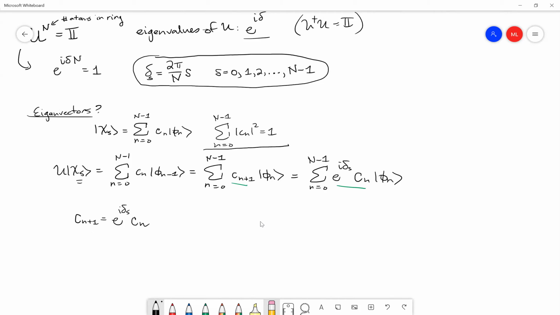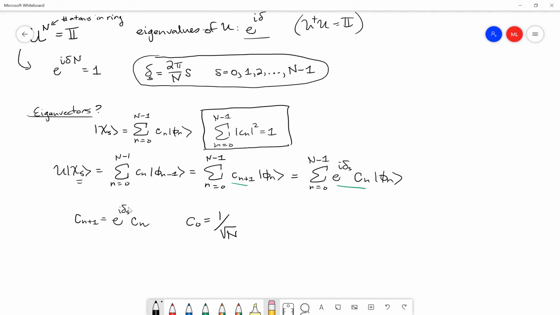Well, the way we can think about it is if we look at the case where the eigenvalue is 0, then all the coefficients are the same, because this just becomes 1. So C0, the only option for it, in order for this normalization condition to hold, is 1 over square root of n. That's the only thing that will give us the proper normalization.